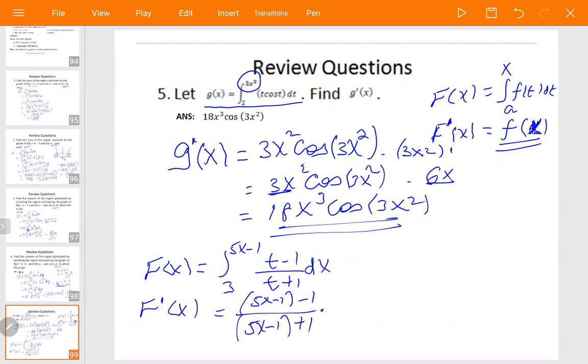Then I multiply this by the derivative of 5x minus 1. So 5x minus 2 over 5x, multiplied by 5. I cancel 5 by 5, so you'll have 5x minus 2 over x. This is the derivative of our function.